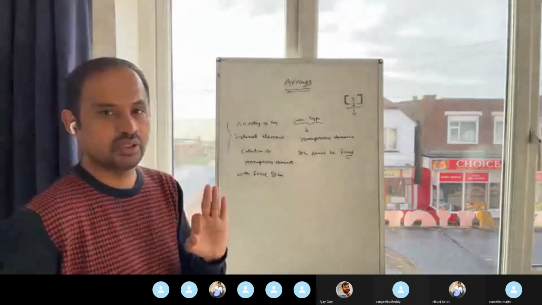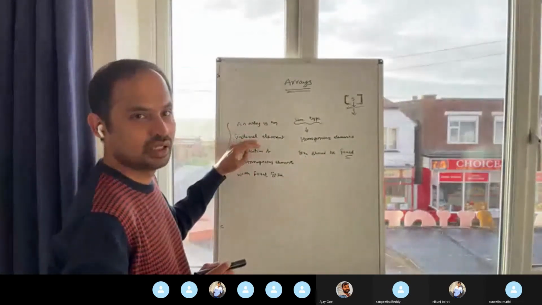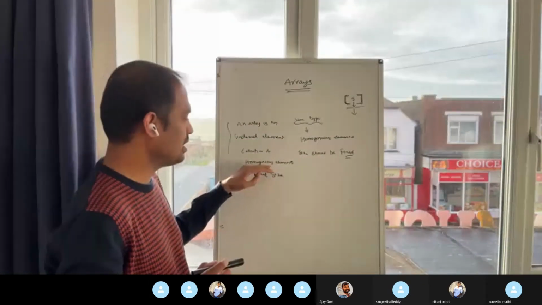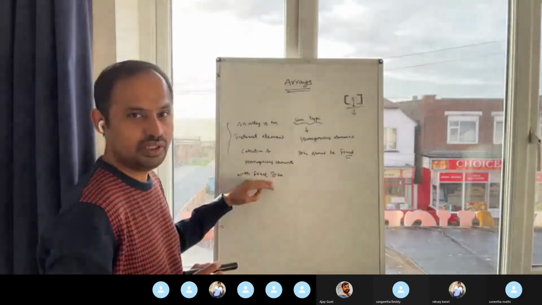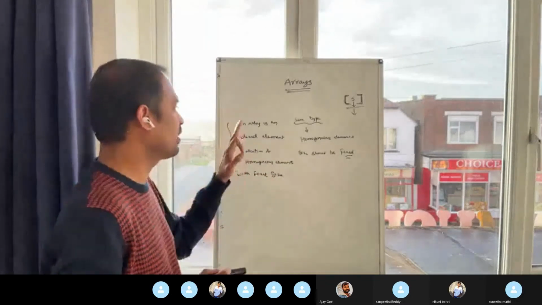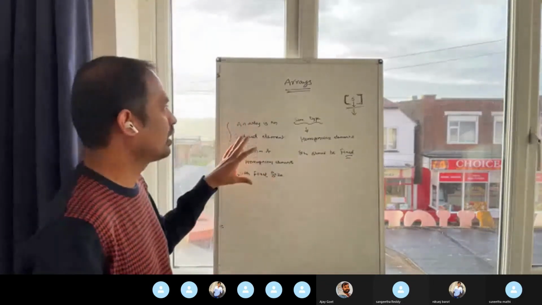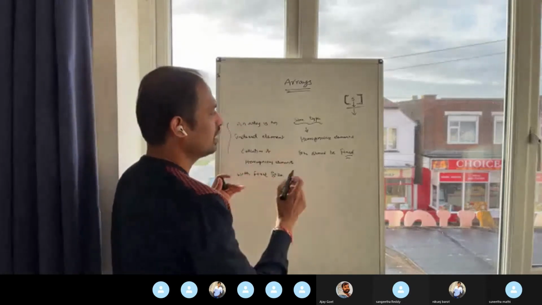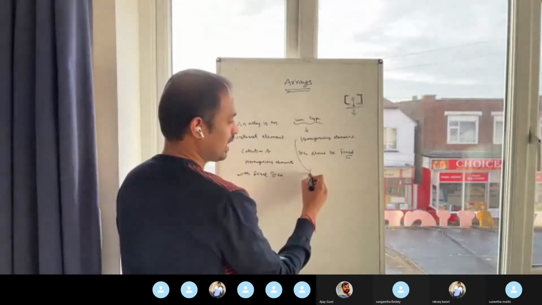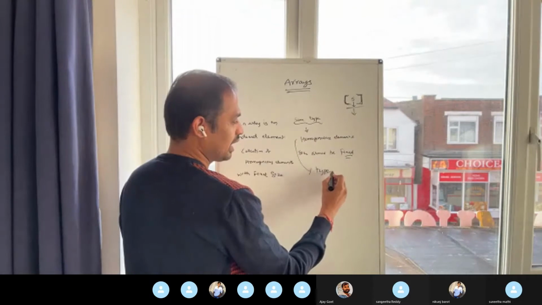So you need to remember 3 words. It should be an index, it should be a group of homogeneous elements, and the size should be fixed. These 3 things you need to remember for an array. Homogeneous elements means it is a single type.